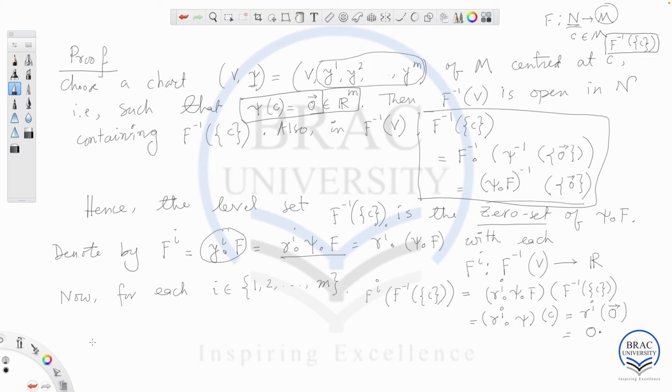Now suppose Fi of B is equal to 0 for all i in this finite set, with B not in this level set.